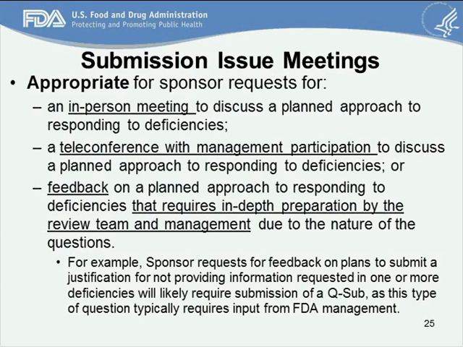Anytime the question is significant in nature and requires management involvement, we're going to ask you to send in a submission issue meeting request or Q-Sub request. We could provide feedback in writing if that's how you would prefer it.